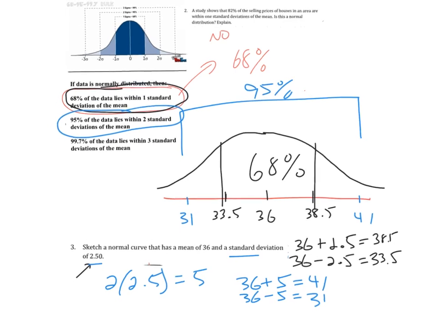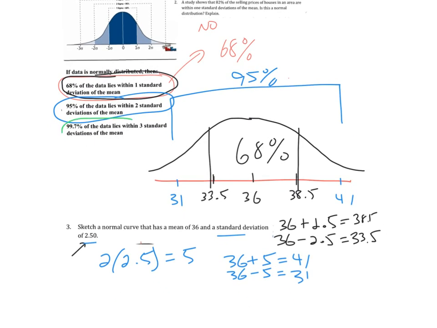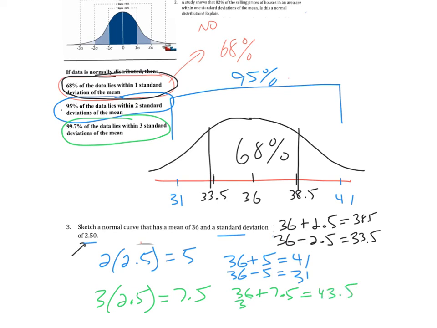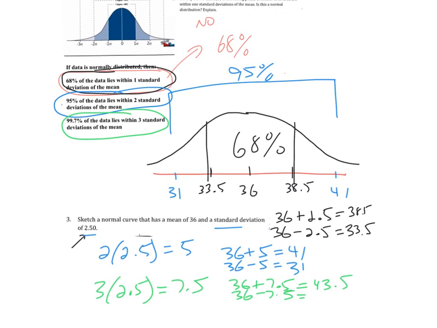And then since you know that 99.7% of the data lie within three standard deviations, 3 times our standard deviation, 3 times 2.5, is 7.5. So we'll take our mean 36 and add 7.5 to it, and then we'll take 36 and subtract 7.5 from it, and that's going to give us the range within 3 standard deviations.